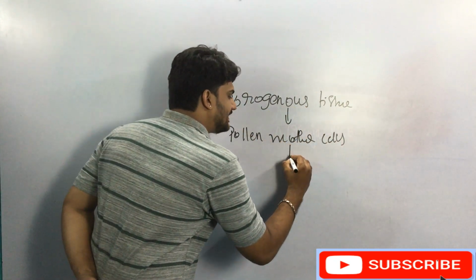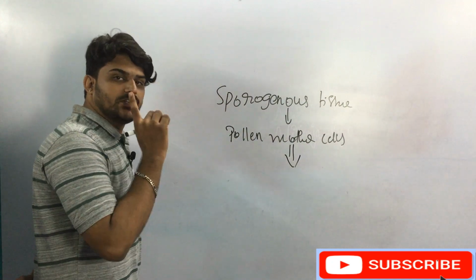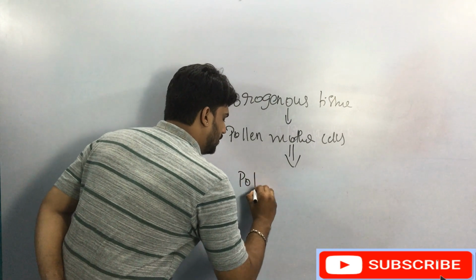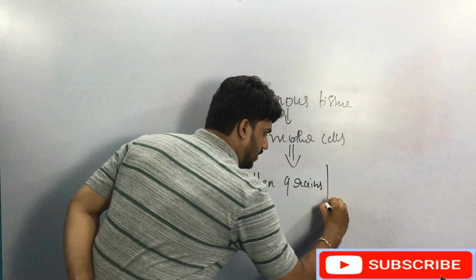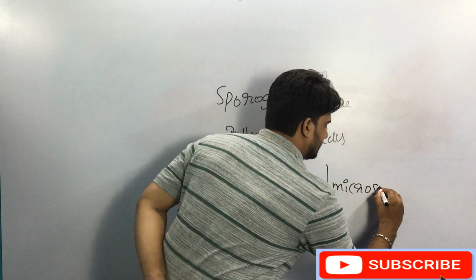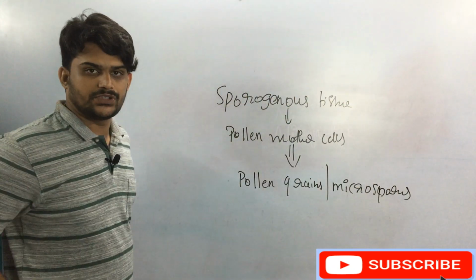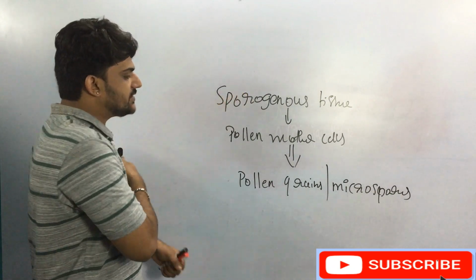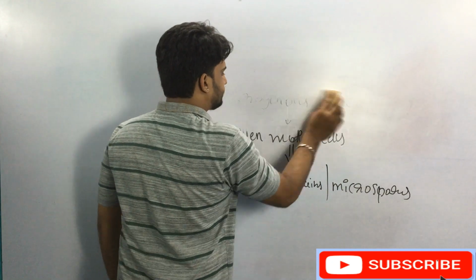These are the cells which are very importantly responsible for the generation of pollen grains or microspores. This is what we have got, and we are going to study this particular topic right now.